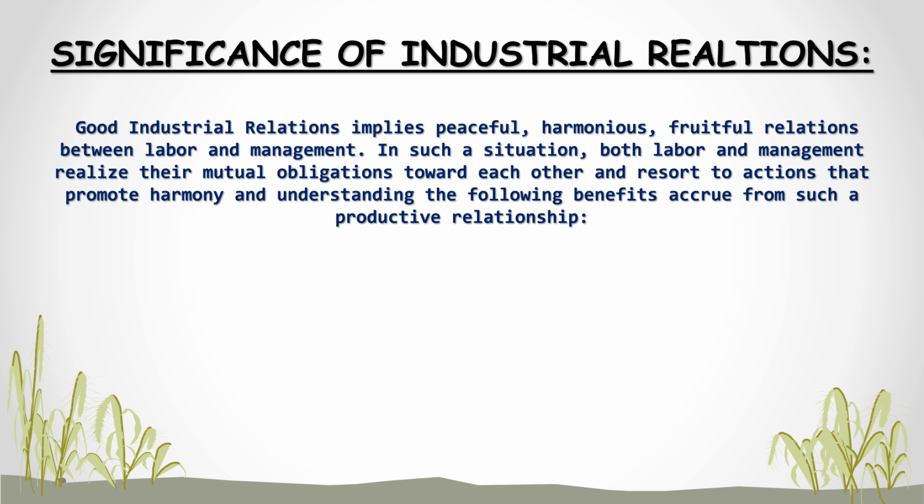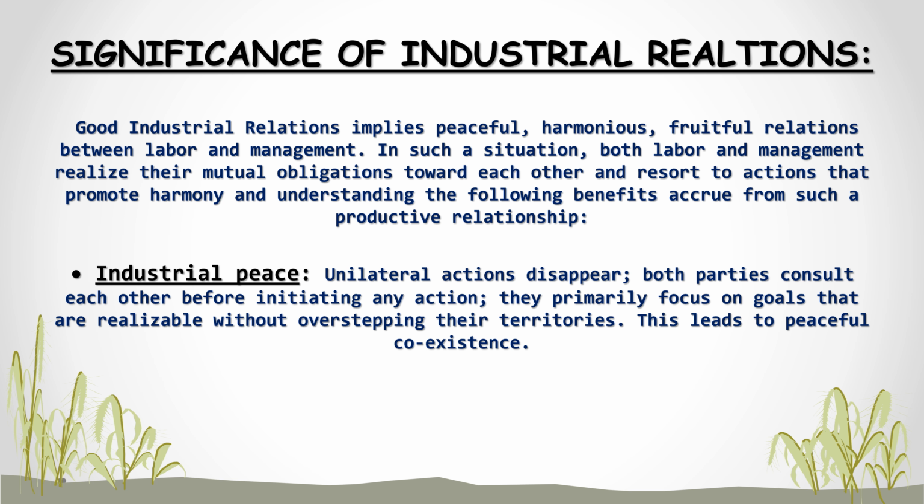The following benefits accrue from such a productive relationship. Industrial peace. Unilateral actions disappear. Both parties consult each other before initiating any action. They primarily focus on goals that are realizable without overstepping their territories. This leads to peaceful coexistence.